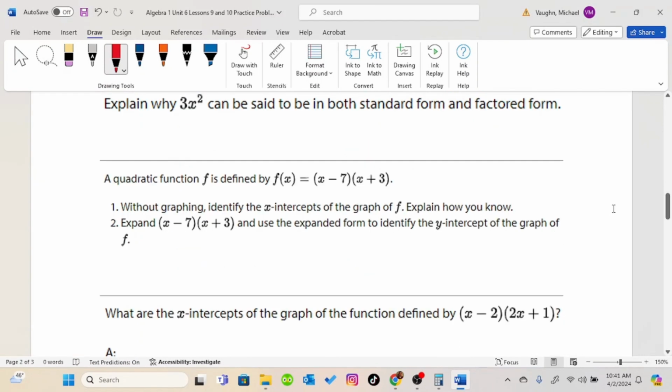Explain why 3x squared can be said to be in both standard form and factored form. Well, standard form is ax squared plus bx plus c.